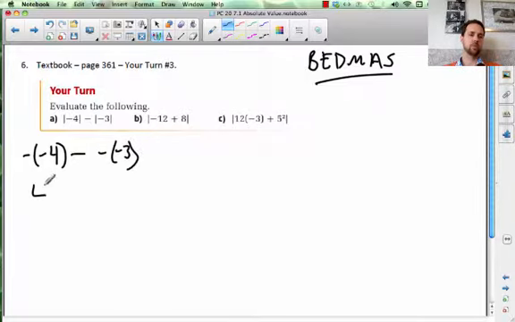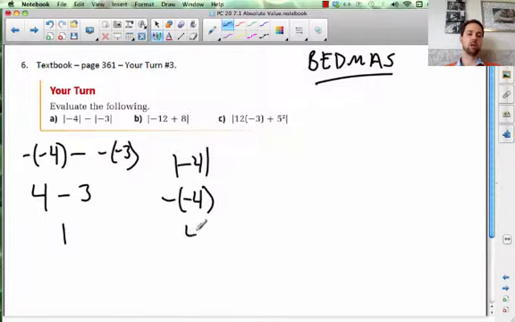So this becomes 4 minus 3, and your answer is 1. Now this one, we do what's inside the brackets first and then take the absolute value. So negative 12 plus 8 is negative 4. And we take the absolute value of that, so we write it as the negative of negative 4, and that becomes positive 4.